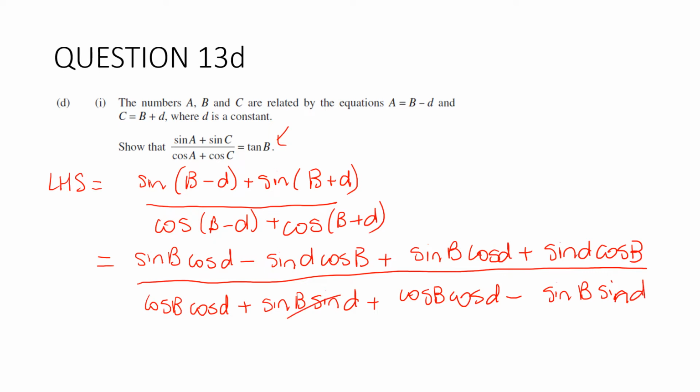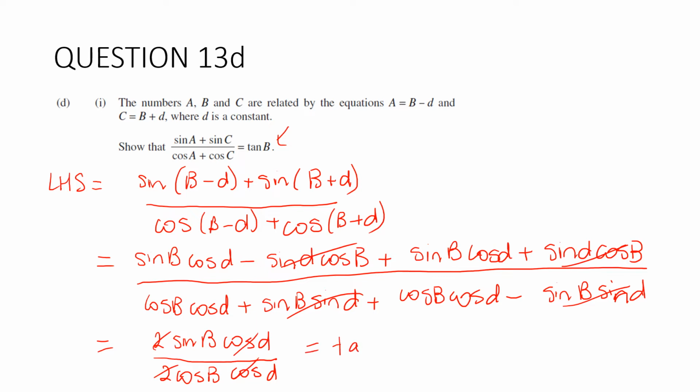Alright, that cancels out, and this cancels out. So I end up with 2 sine b cos d over 2 cos b cos d, cancel, cancel, cancel, cancel, is equal to tan b, which equals the right hand side.